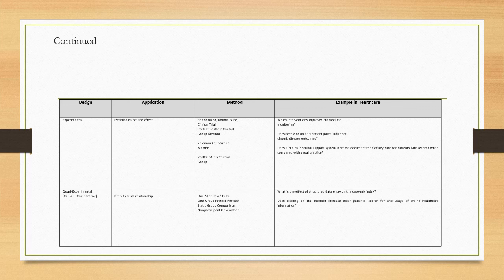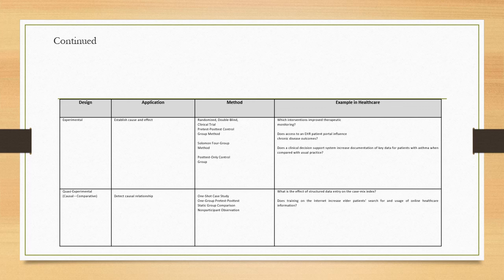Okay, and the examples in healthcare are which interventions improve therapeutic monitoring? Does access to an electronic health record patient portal influence chronic disease outcomes? Does a clinical decision support system increase documentation of key data for patients with asthma when compared with usual practice?